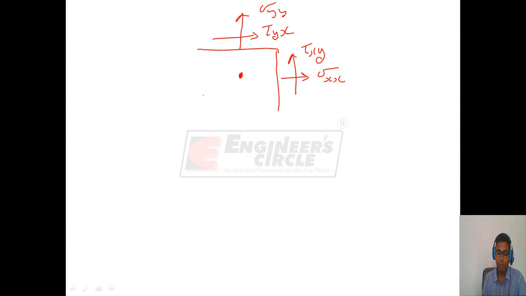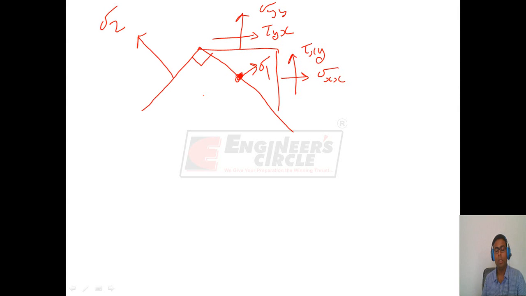Let us say at this point the principal plane is sigma 1 and the other principal plane will be this, which is perpendicular to this, so it will be sigma 2. So we have found normal stresses on these two planes. These two planes will have maximum normal stresses at this point, where the maximum will be sigma 1 and the minimum will be sigma 2.